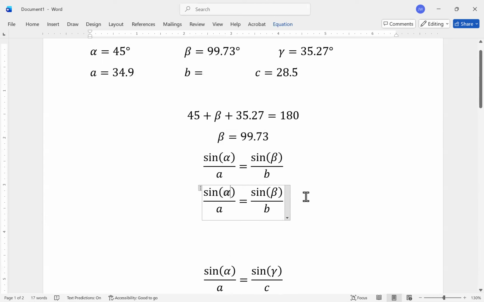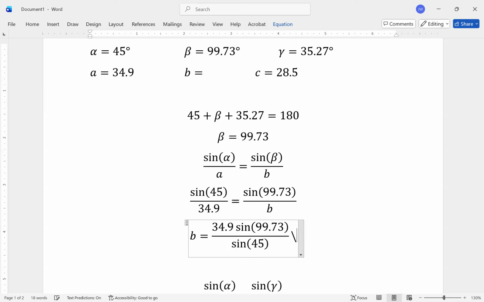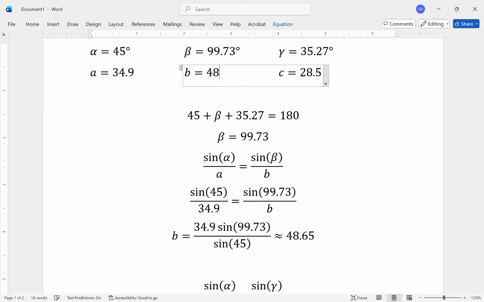So sine of 45 degrees divided by 34.9 will be equal to sine of 99.73 divided by my unknown value of B. Doing the equation, B would be equal to 34.9 times the sine of 99.73 divided by the sine of 45, which is about 48.65.